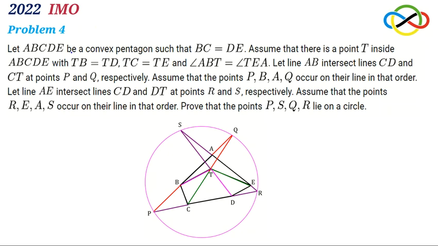It says let ABCDE be a convex pentagon such that BC equals DE.